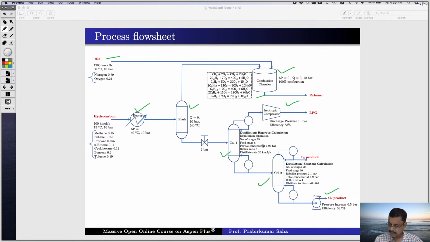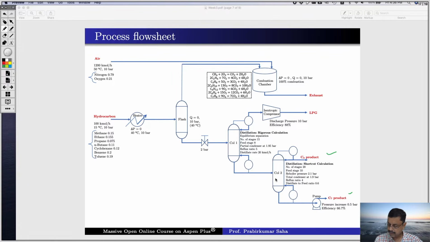The first column separates mainly the LPG and the C6, C7 components. The LPG is being formed by passing the vapor distillate from column 1 through the isentropic compressor, while the bottom product of column 1, which are essentially C6 and C7 products, are again passed through column 2.